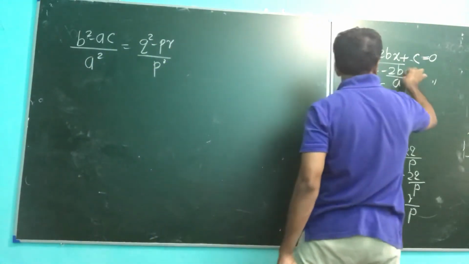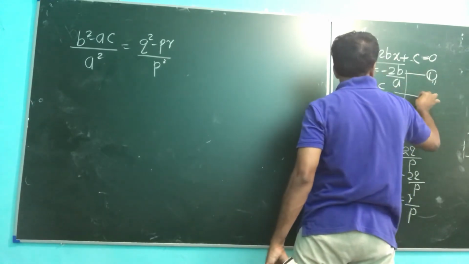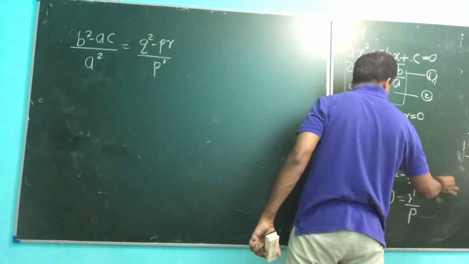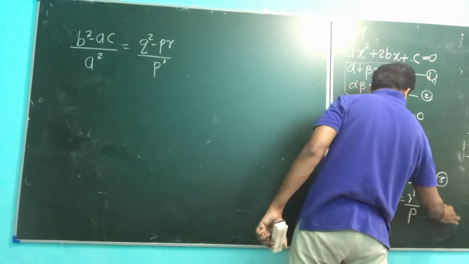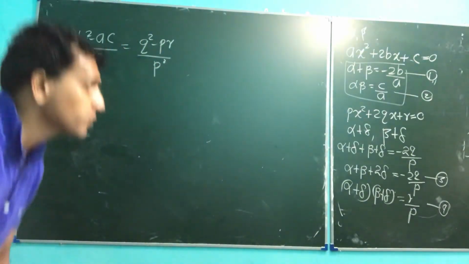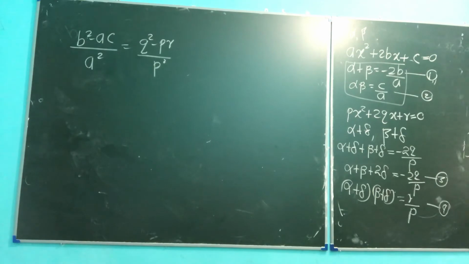Number 1 and number 2 here, number 3 the summation and number 4 the product. Alpha plus beta is minus b over a, write that one for the first equation. Also for the second equation, get the pair of summation and product. Now there's a relation in terms of A, B, C, P, Q and R.